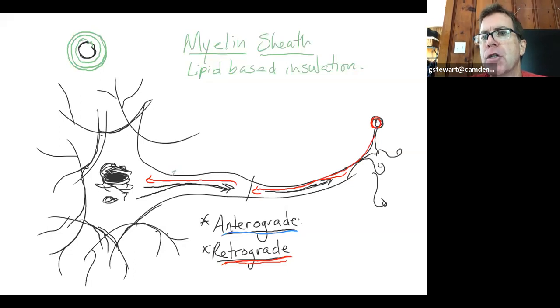So the myelin sheath looks like this wrapped around an axon. We've got an insulation, lipid-based material from either oligodendrocytes or Schwann cells that wrap around the axon and insulate it in this fashion. Notice that I left gaps in this.